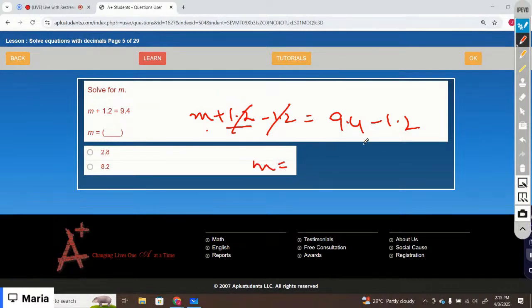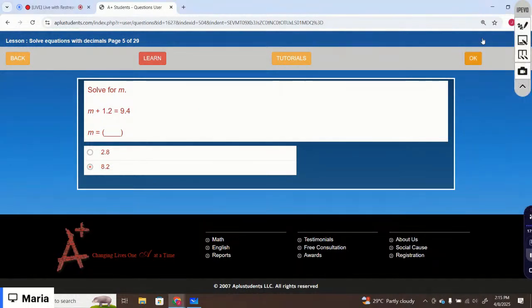So you're left with m here, and 9.4 minus 1.2 is 8.2. Option number 2 is the correct option. 8.2 is the correct option.